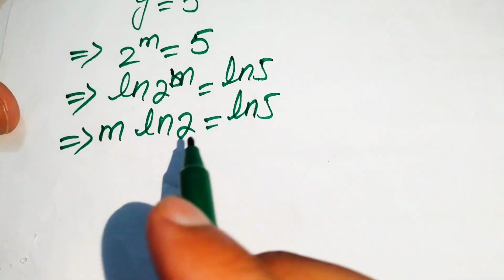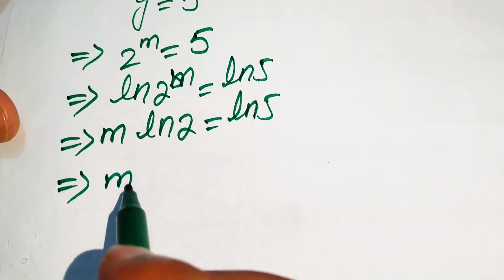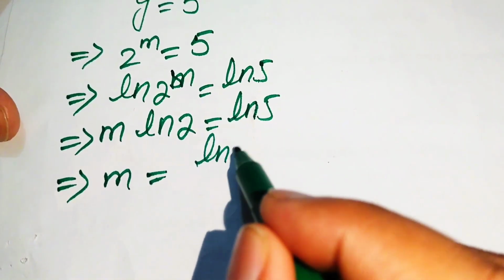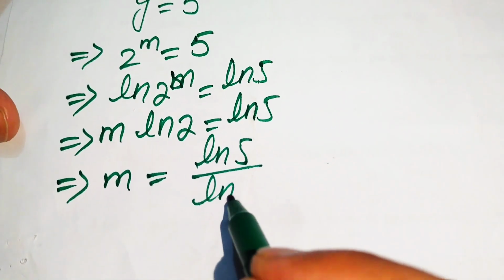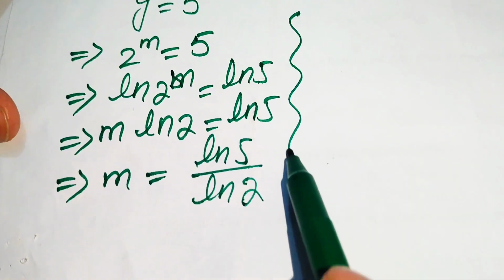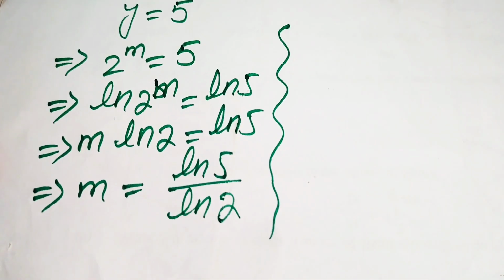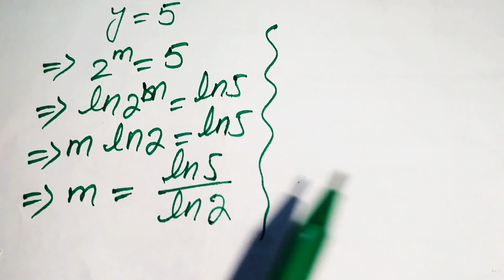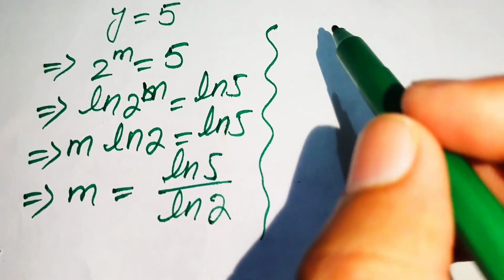Now we move this log 2 to the right hand side, and it becomes m = log 5 divided by log 2. Here we use a calculator or logarithmic table to find the values of these logs.